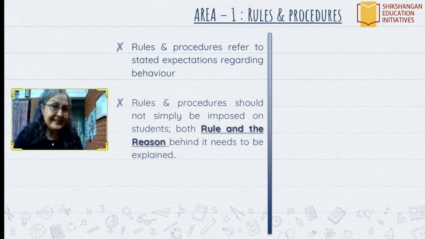So this is a great idea that has been proposed by research, that rules and procedures shouldn't simply be imposed. You follow my way or you take the highway. That doesn't work. Okay? Human beings like to be explained the reason behind everything that they're expected to do or expected to follow. Look at the pandemic, social distancing, masking.